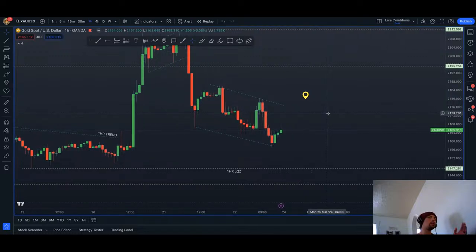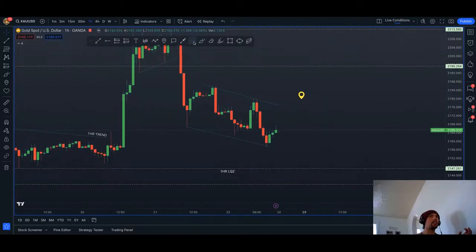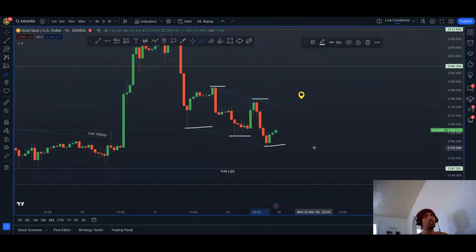Okay, but yes, it's breaking lows, but it's forming a descending channel. Okay, so price is still in a downwards trend, but the descending channel gives indication that price is slowing down and starting to form with more structure as it's coming down into these bottoms. Okay, so we're noting that price is slowing down.